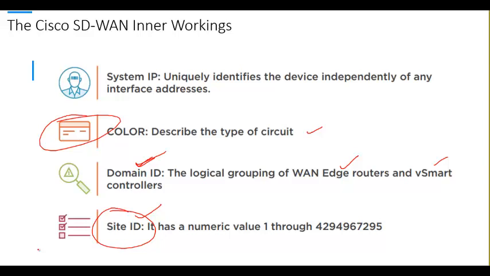If you make a mistake in that, no IPsec tunnel, no BFD tunnel, no TLOC information. So using the site ID, sites are identified. Using the site ID, the shape of the topology is determined.